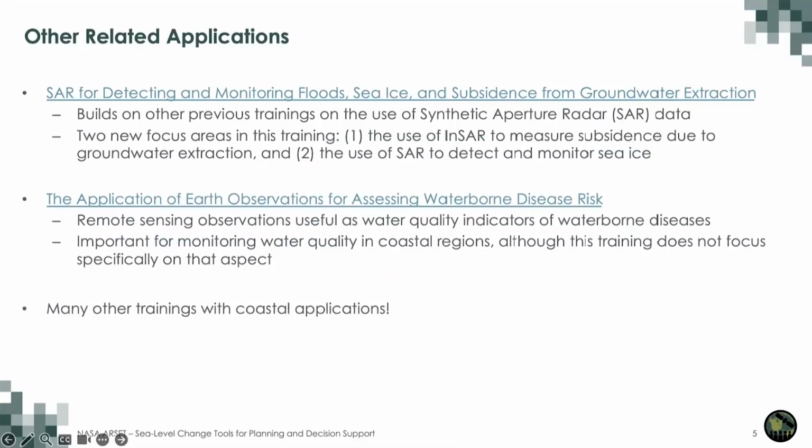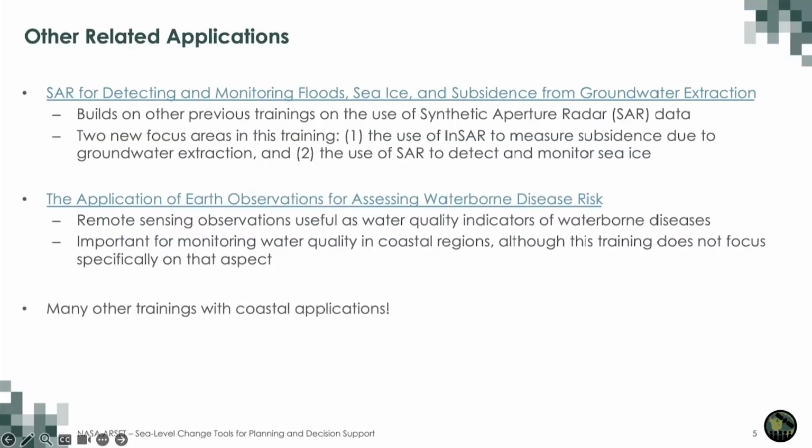Finally, here are a couple of trainings that show related applications that don't make direct use of the sea level change tools we talked about, but are very related. The first is SAR for detecting and monitoring floods, sea ice, and subsidence from groundwater extraction. SAR is synthetic aperture radar, and this is a particular observational technique that we use on satellites.